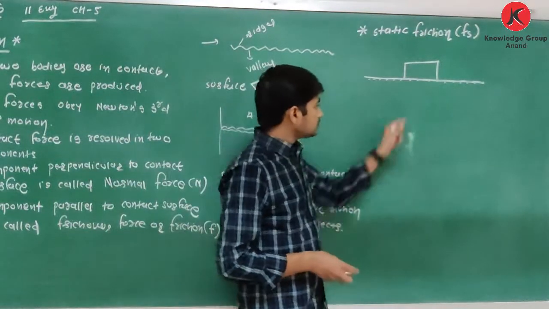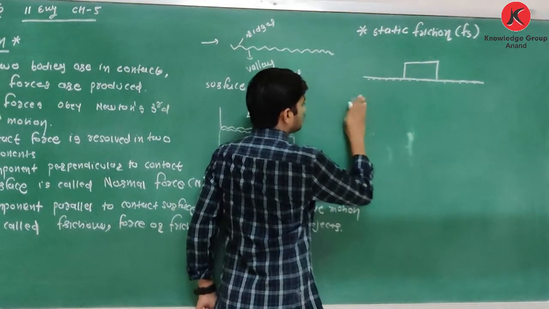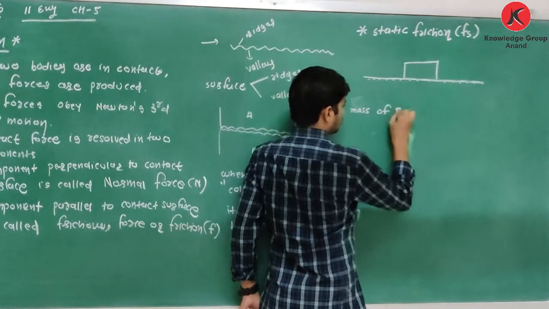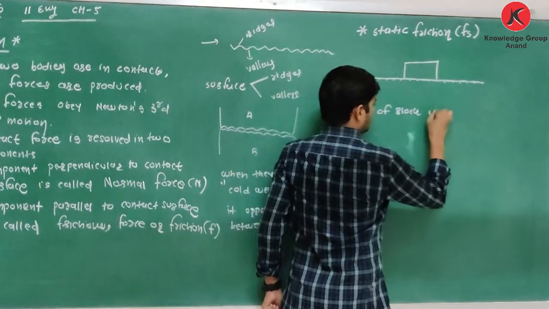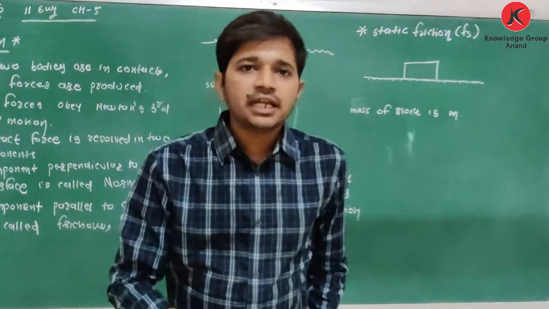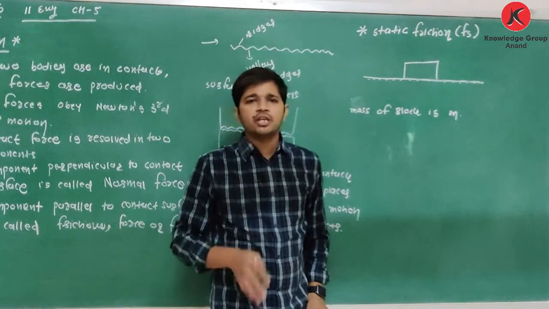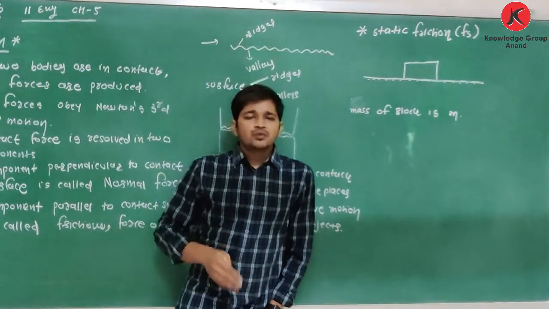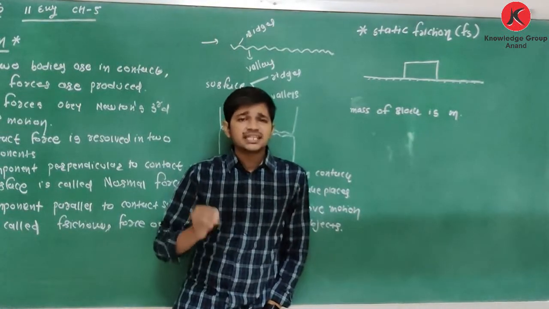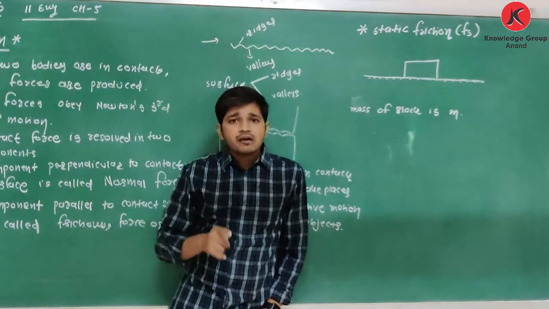How? The block has mass m. If any object has mass m, there is always a gravitational force acting on it, meaning its weight, and that weight is always towards the center of the earth, meaning in the vertically downward direction.